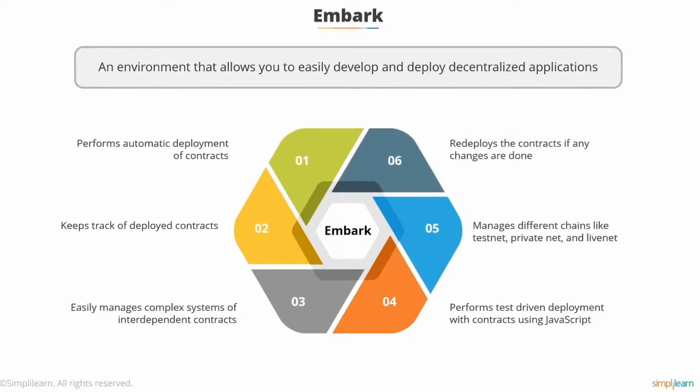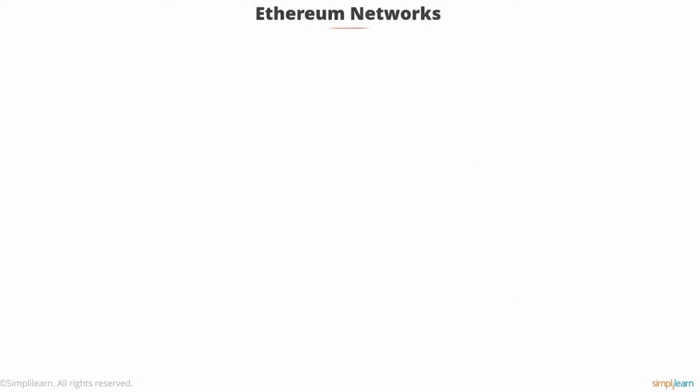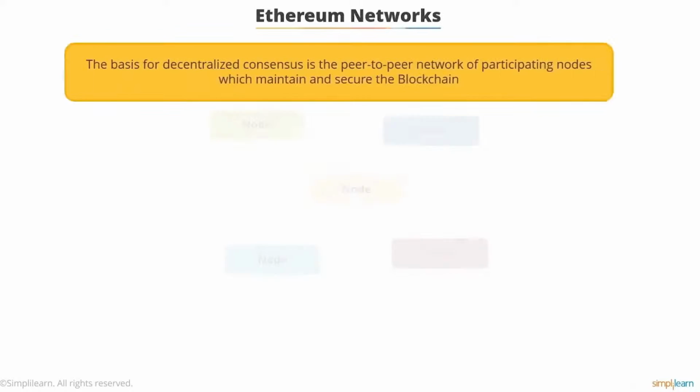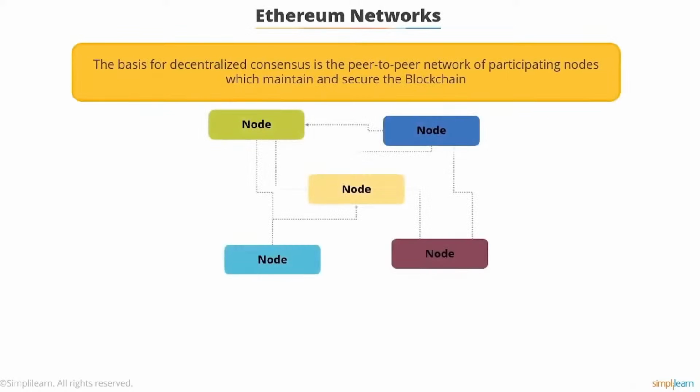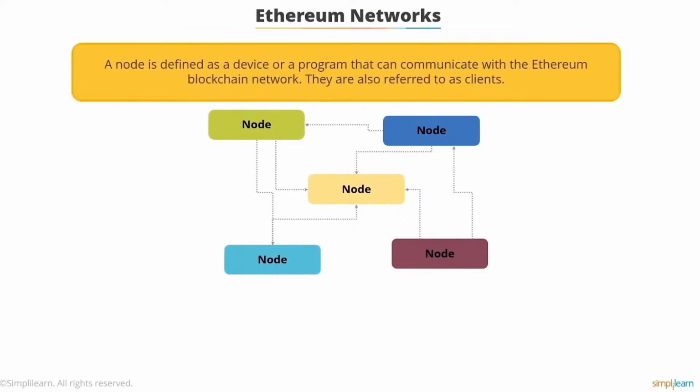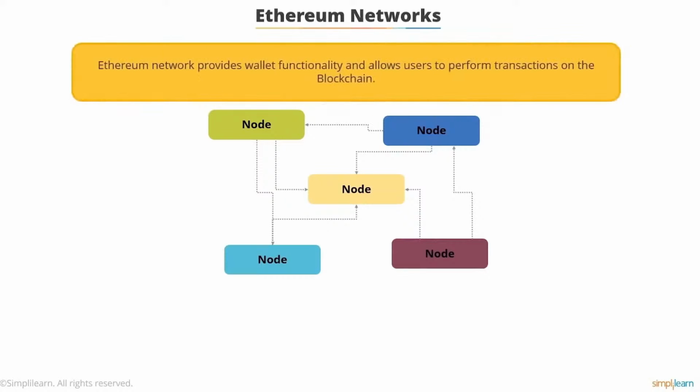Let's talk about Ethereum networks. Ethereum network. The basis for decentralized consensus is the peer-to-peer network of participating nodes which maintain and secure the blockchain. A node is defined as a device or a program that can communicate with the Ethereum blockchain network. They are also referred to as clients. They provide wallet functionality and allow users to perform transactions on the blockchain.